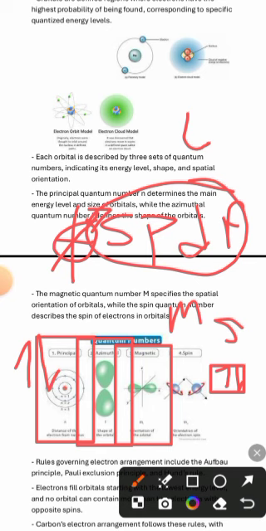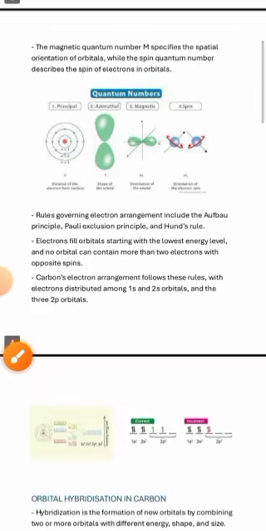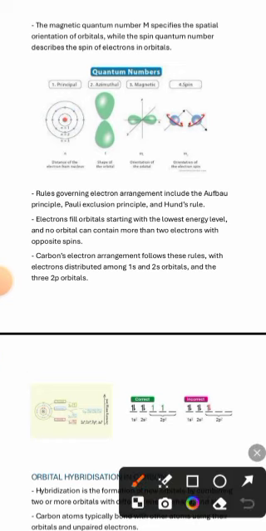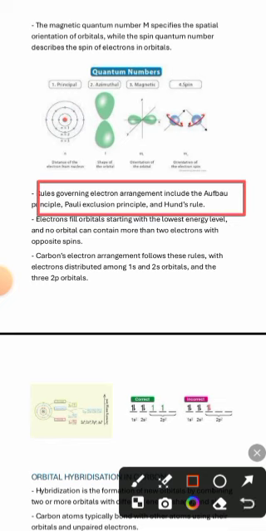So we see the rules governing the arrangement of electrons: the Aufbau principle, Pauli's exclusion principle, and Hund's rule. The Aufbau principle is telling us that electrons fill lower energy levels first before filling higher energy levels.